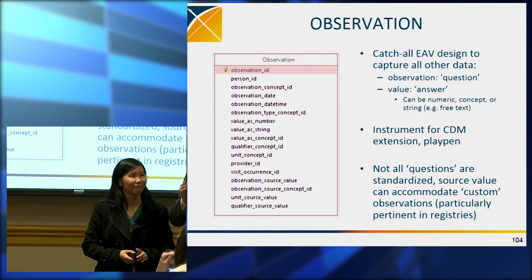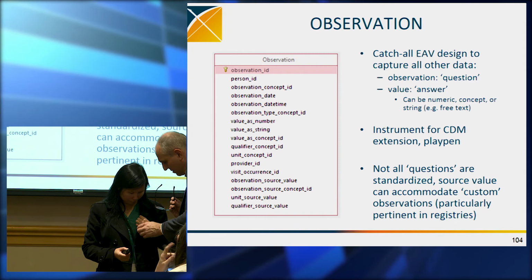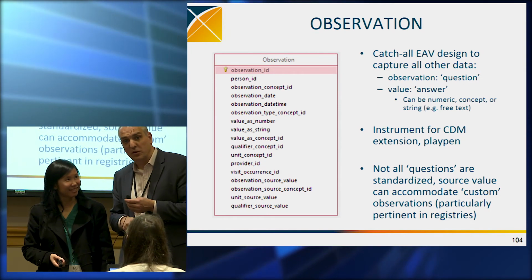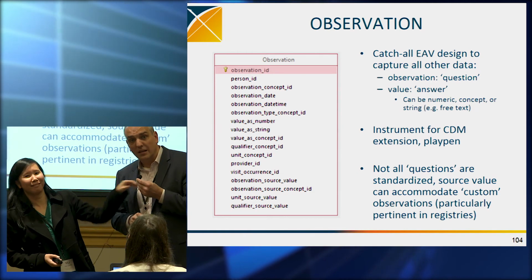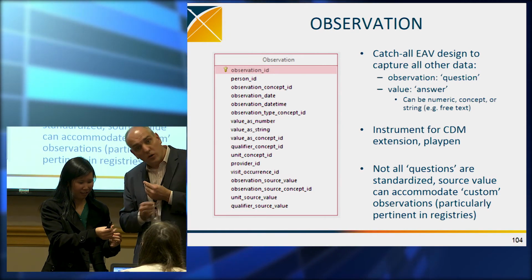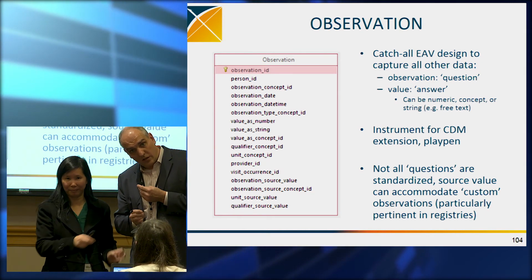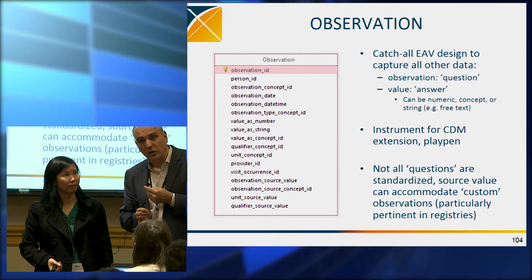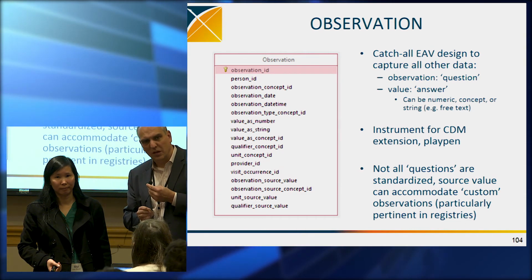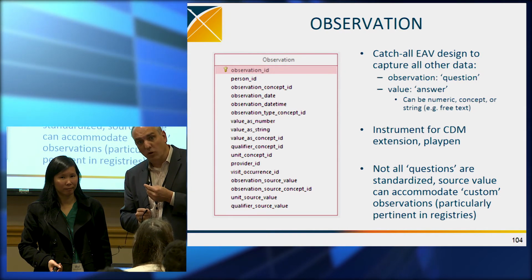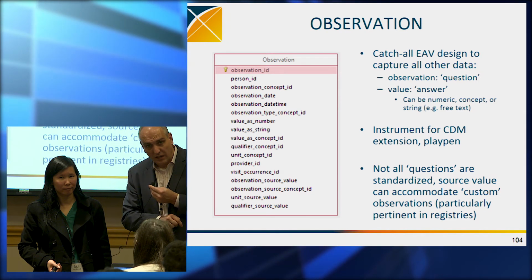However, all the percents, if the source says percent and PCT and the percent sign and P and PT, all that goes harmonized into one concept ID, which stands for percent. But what we're not doing is saying that percent really is the same as milligram per deciliter, and you can convert that to millimole per liter for this particular analyte.